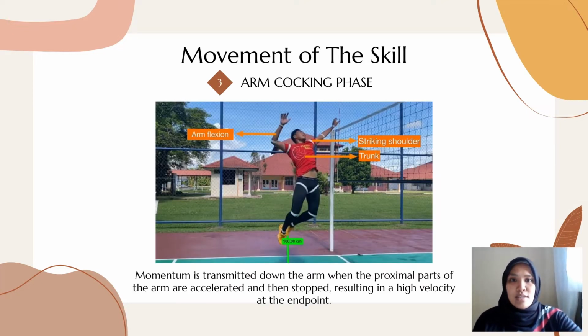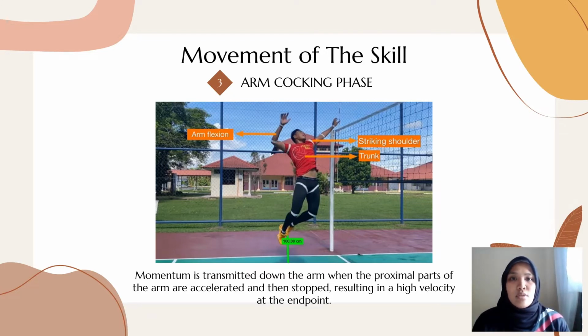The next phase is the arm cocking phase. The momentum is transmitted down the arm when the proximal part of the arm is accelerated and then stopped, resulting in a high velocity at the end point. The spiker will open his shoulder to bring the elbow back to give a good way of hitting the ball.